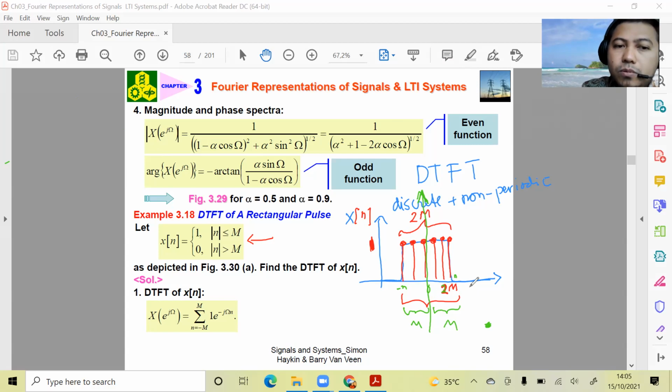And then we want to transform it. In this case, this is xn in the time domain. We want to express xn in the frequency domain.